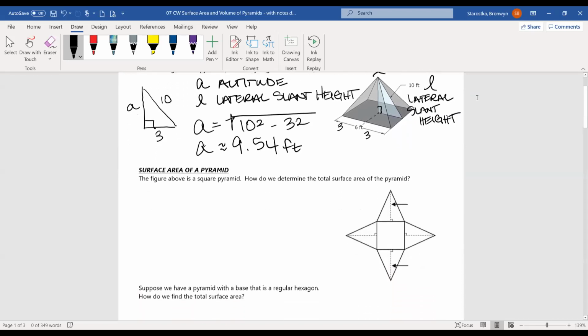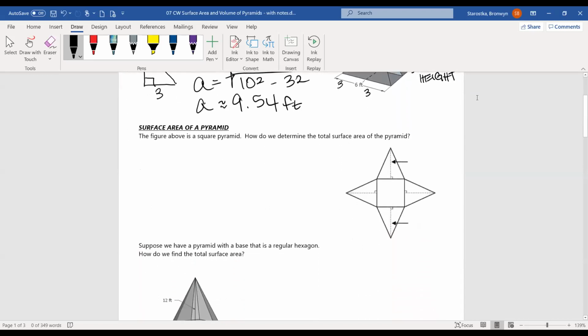Surface area of a pyramid. So the figure above is a square pyramid, and we can make a net of that pyramid, and we can add up all those triangle faces and our square base. So area of a square, let's go ahead and label this first.